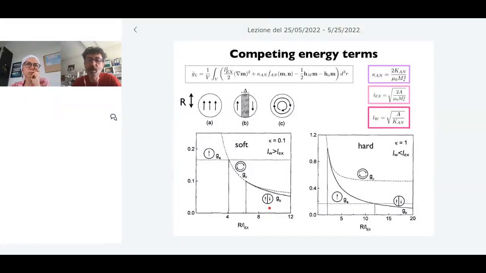Much better is to have a very large and extended domain structure that we can magnetize very easily. So this idea of competing energy terms in reference to microstructure can tell us something of quite some interest.